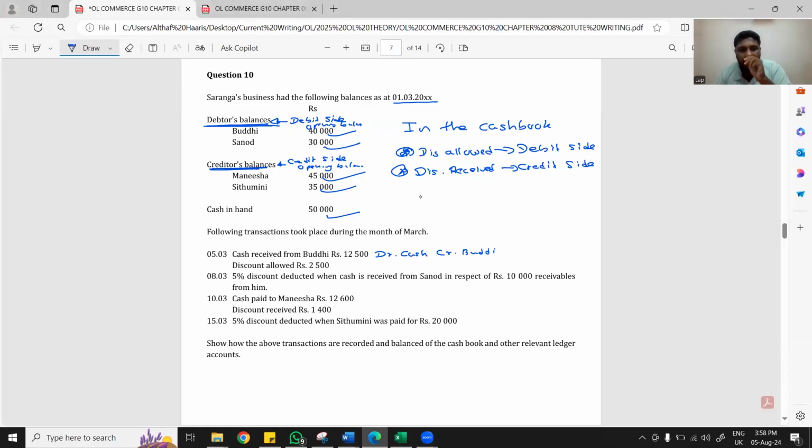And on the same day, when he is giving us the cash, we have given him a discount. So what's the double entry for the discount allowed? Debit the discount allowed, credit Buddhi.